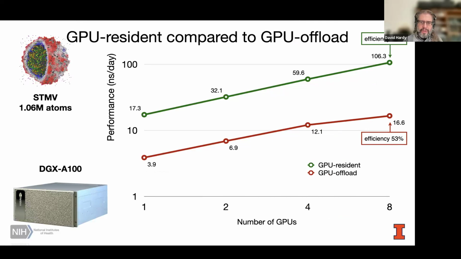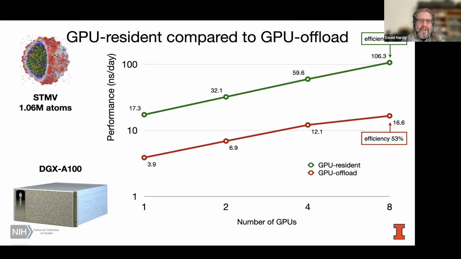So not only good performance, but really good scaling across multiple GPUs. And so this gives you an idea of how we're not only running, you know, twice as fast or more than the GPU offload version, but we're actually using the resources more efficiently too as we scale up.